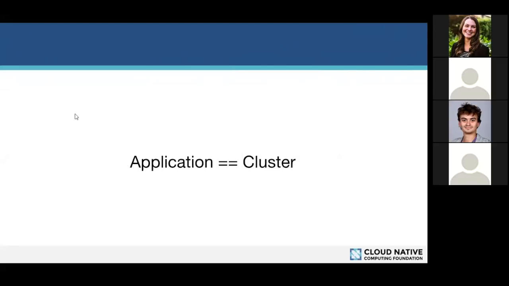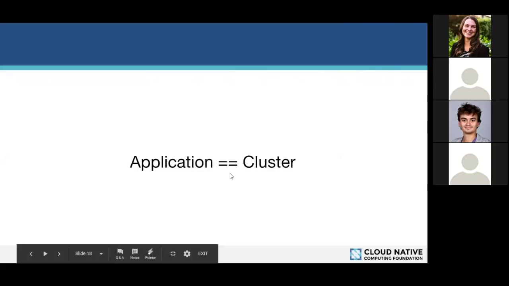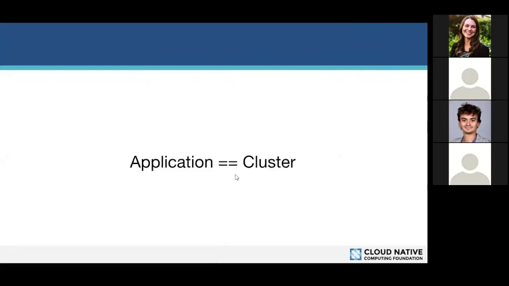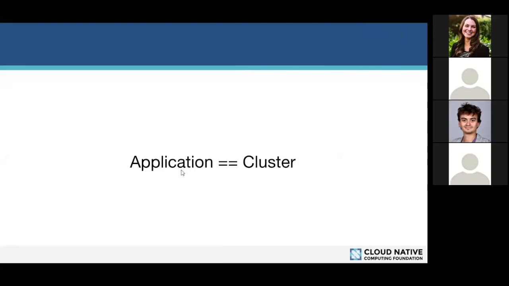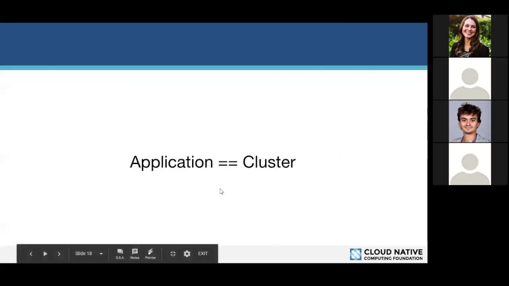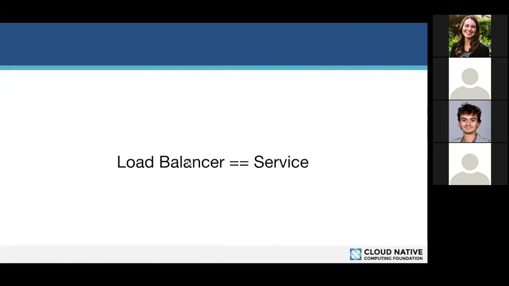And then wrapping all of those things up, in Kubernetes, we would call that a cluster. All of that put together is a cluster. In Spinnaker, it's an application. Moving to the outside, a Kubernetes service would be a load balancer.